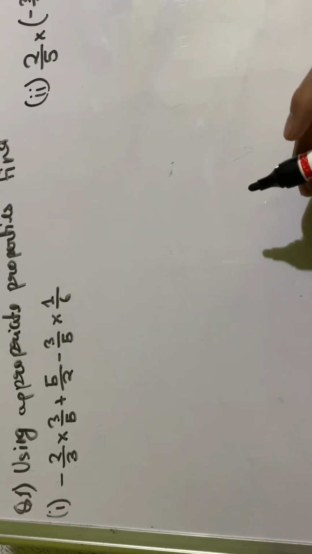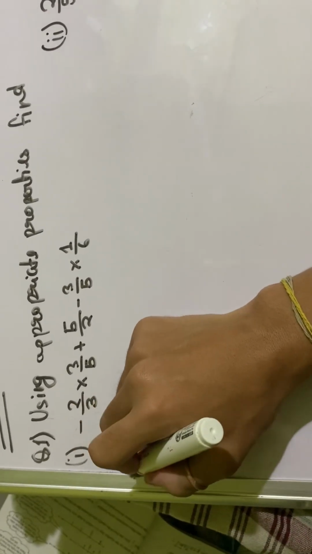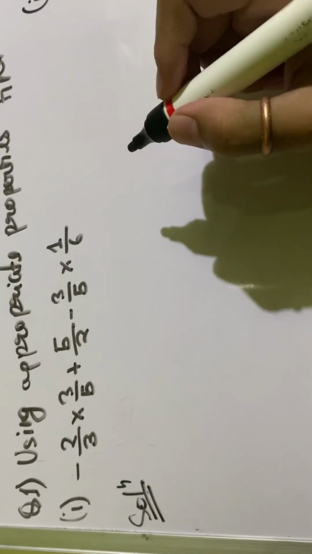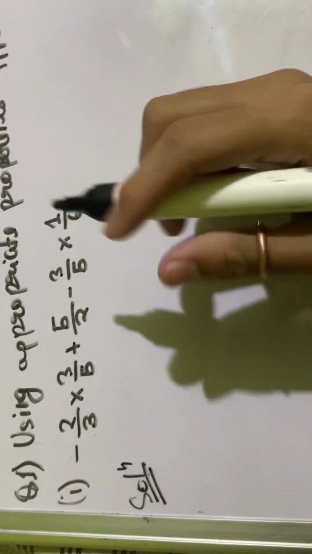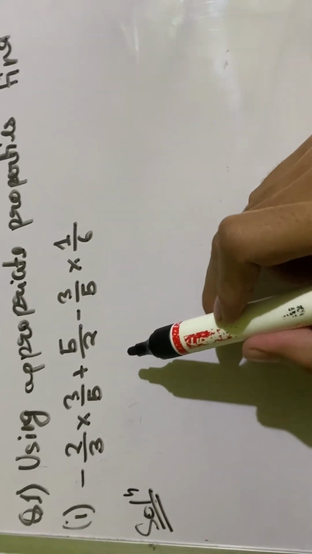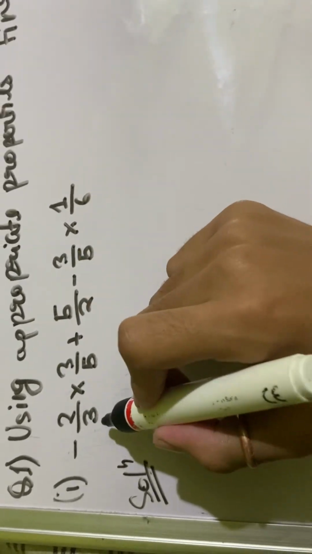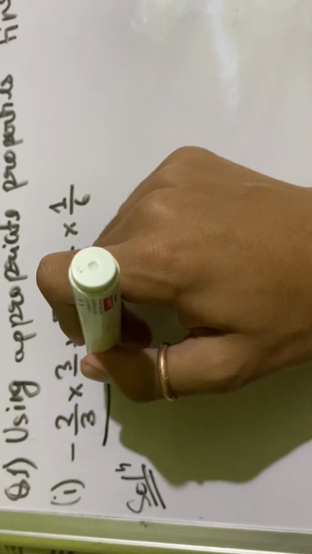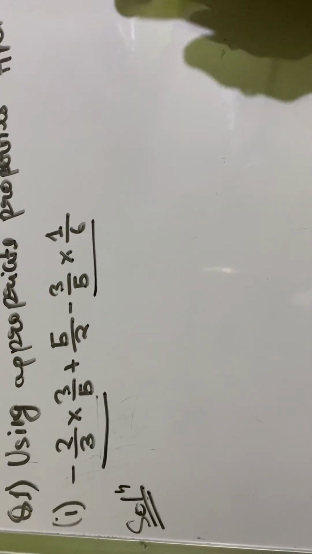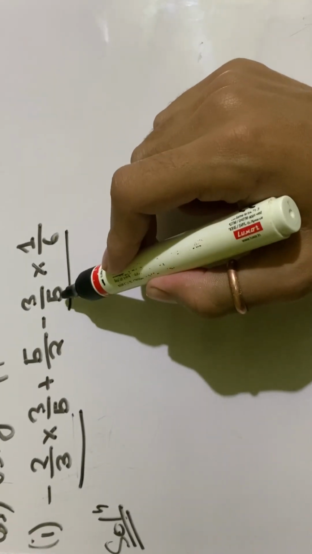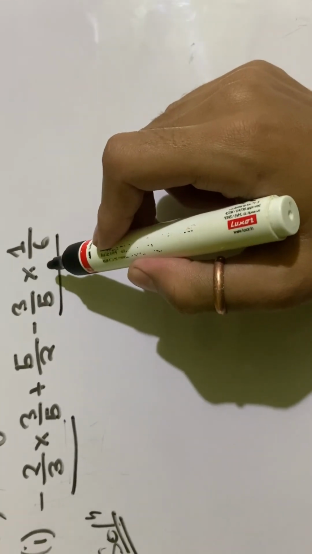Okay, solution. So we write solution. So first you can see these two, you just mark it like this. You can see minus 3 by 5 is common in these two terms.